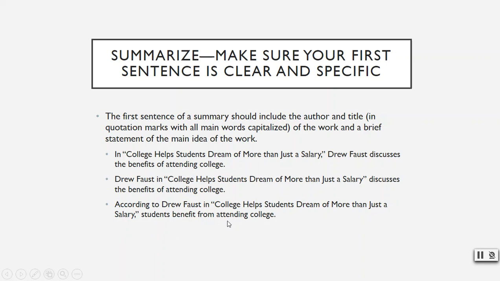So please feel free to copy the language in these or the pattern of these sentences, remembering that you will have to change the title, the author, and the main idea to match the article that I've given you to summarize. So once you get that first sentence down, and remember, the main idea is going to come from either the first paragraph or the title of the article itself, or both. So that's where you should look for the main idea.